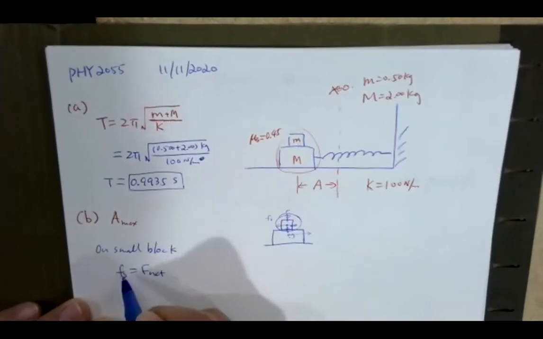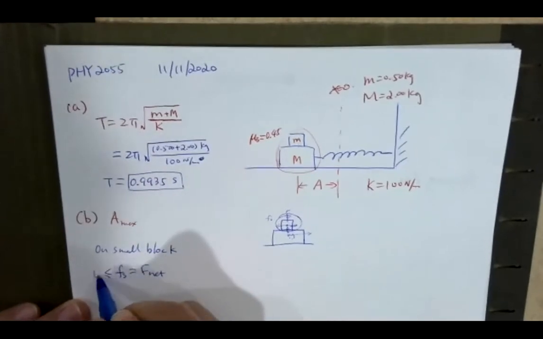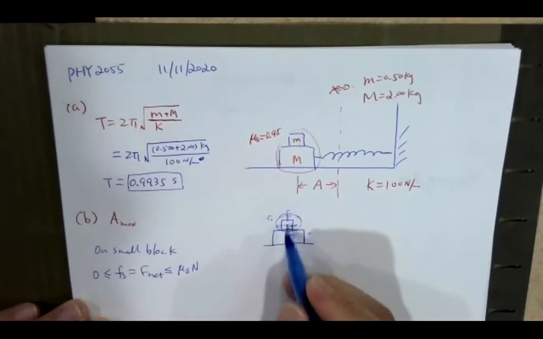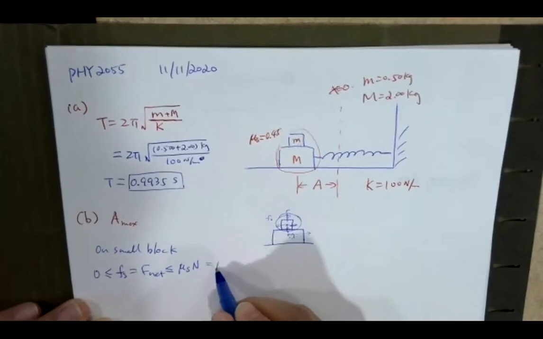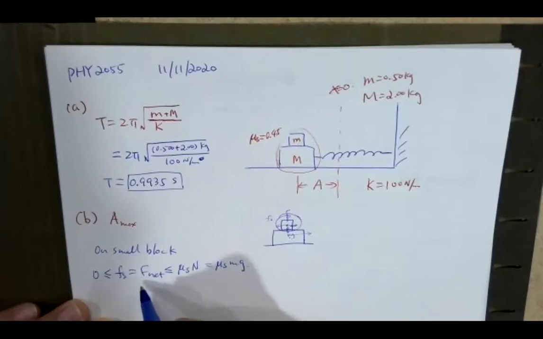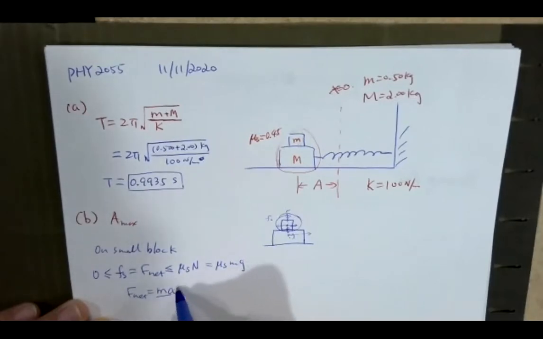For static friction, we know it has a range from 0 to a maximum number, mu s times N, where in this case N will be equal to mg, so equals mu s times mg, okay? And according to Newton's second law, net force should be equal to mass times acceleration, so we can put net force in terms of either, because they are the same.